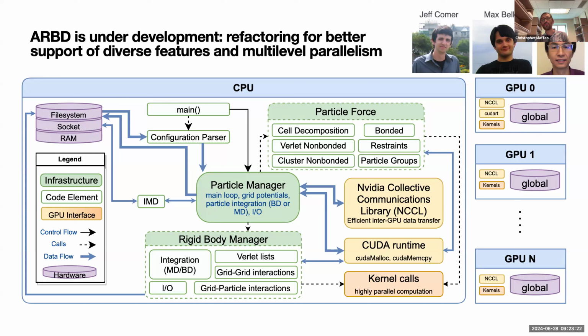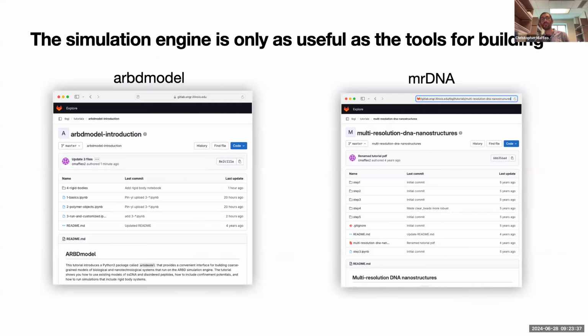Okay, but regardless of which tool you use, whether it be ARBD, HOOMD-blue, whatever, the simulation engine is only about as useful as the tools you have available to build these kinds of models. And so we've been working on simplifying that, because ARBD historically is configured through these painful-to-write plain text configuration files.